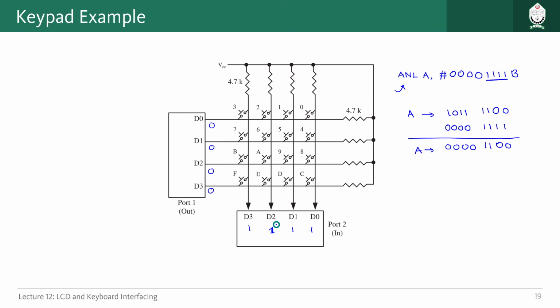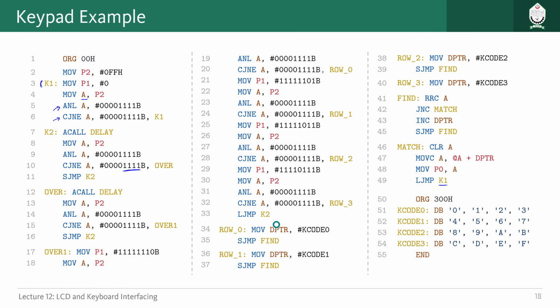Now here we are trying to detect whether there is any key press or not. Previously in this subroutine, we tried to check whether a previously pressed key has been released or not, but here we already know that key has been released, so we can check for a new key press, and that will be done through this line. So what will happen if both of them are equal? That means no key has been pressed.